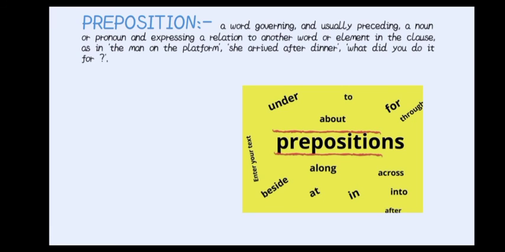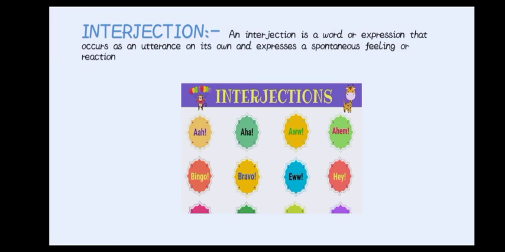Man is over here your noun, but platform is your object. So over here the word on is showing you the relationship between the noun and the object. So such words come under the category of preposition.